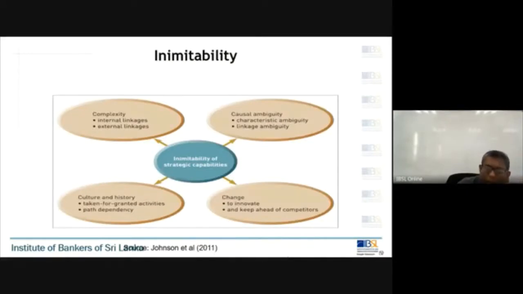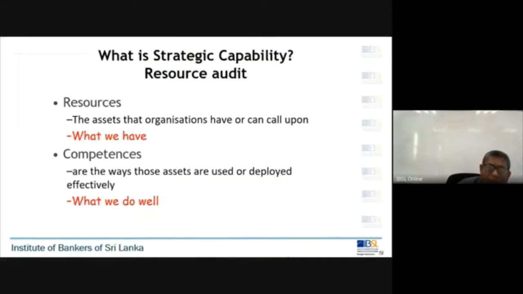Then inimitable: very difficult to copy your product, your staff, your culture, your internal capabilities, your innovative capabilities. Those are some of the competencies we look at. The resources we have; remember, the competence is what we do well.